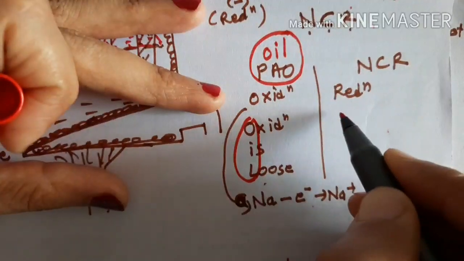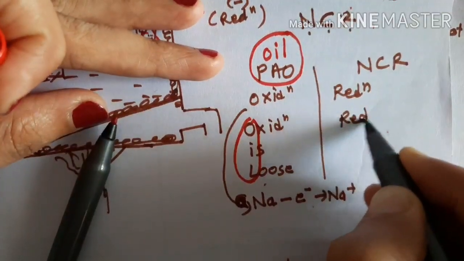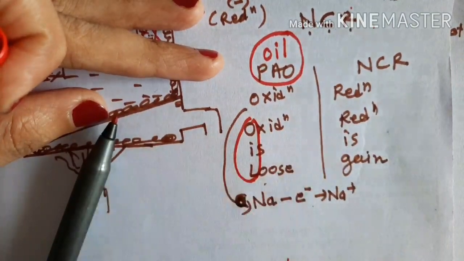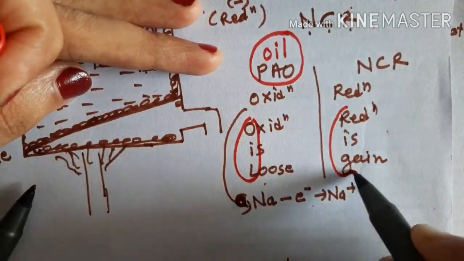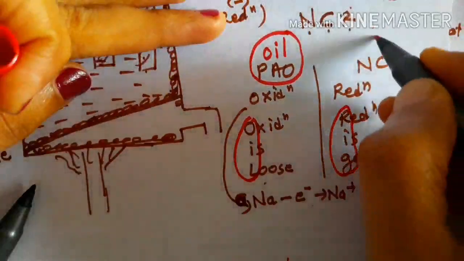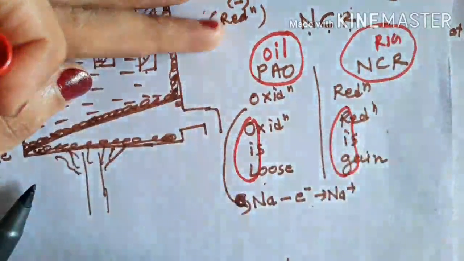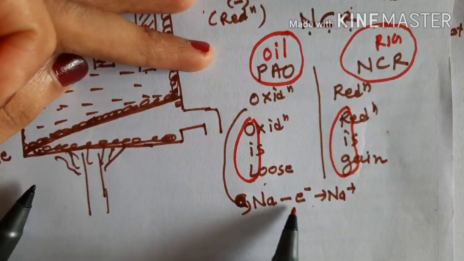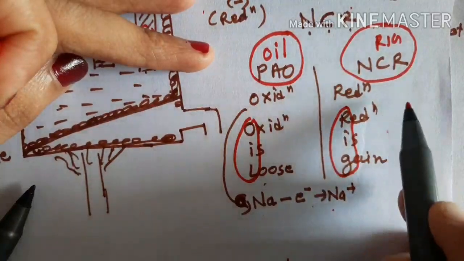And what is the reduction? Reduction is gain of electrons. So RIG. This thing you need to remember. Oxidation is the loss of electrons. Reduction is gaining of electrons.